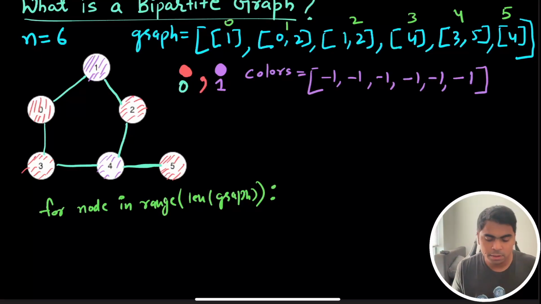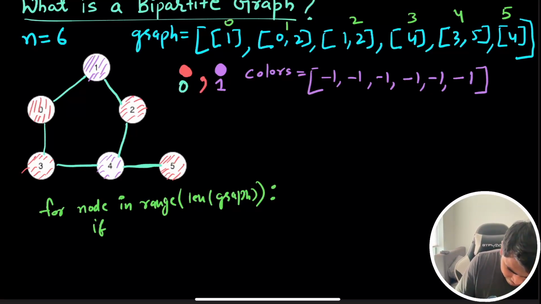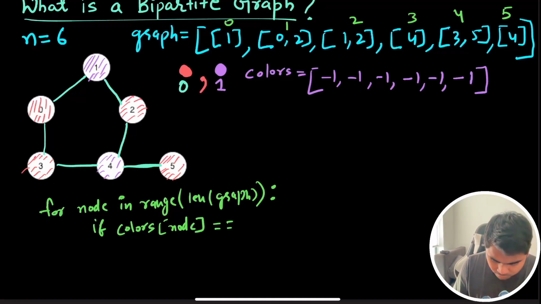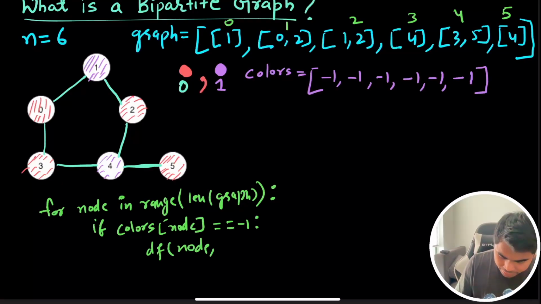So it's not possible you just run DFS on 0 and you're able to visit all the nodes. So if this node, basically the index in colors, equals -1, that means I have not visited it, and only then I would want to visit it. So I'll just call DFS on it with node and next color.